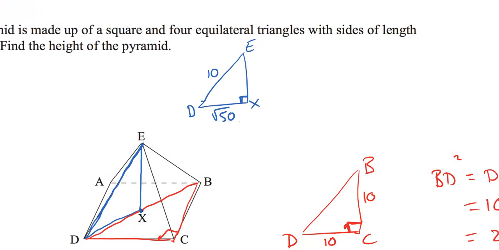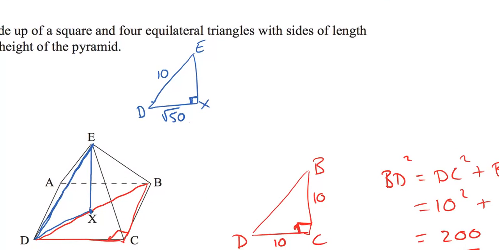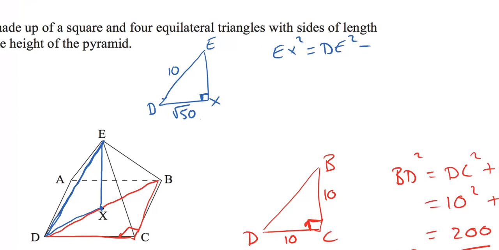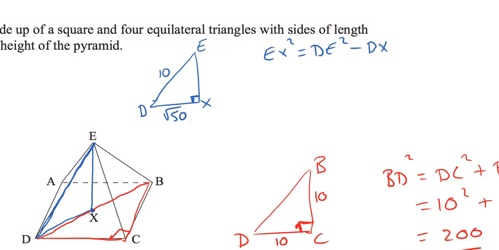Okay, now, from here, we can now work out the height that we're trying to find, because I could say that E to X squared is going to be D to E squared, take away D to X squared. And we have all the information that's going to help us to work that out.